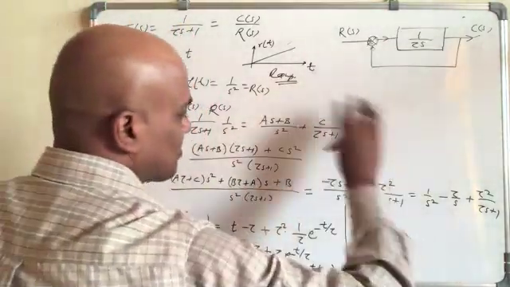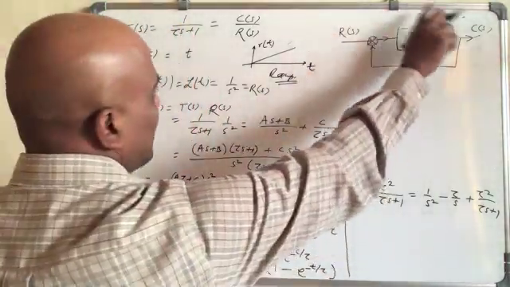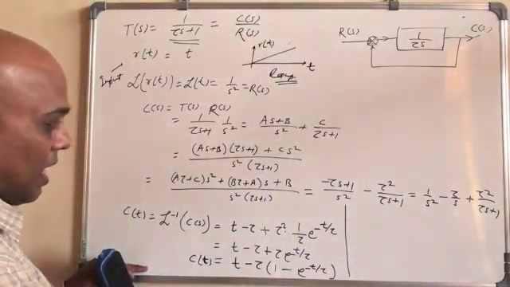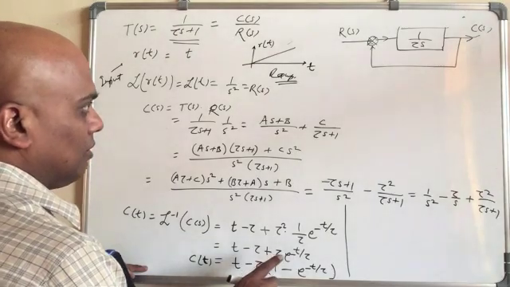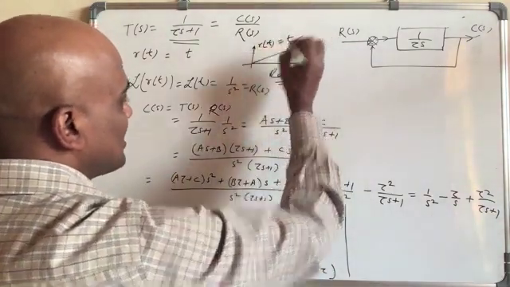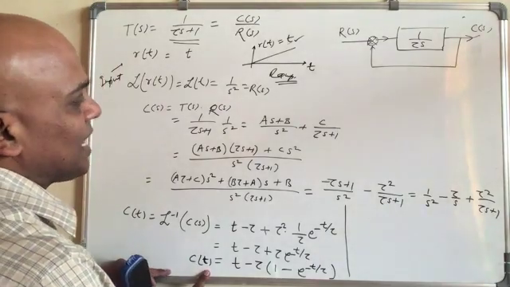For this system, the closed loop transfer function is nothing but this only. And if the input is a ramp like this one, r(t) equal to t, then c(t) is like this one.